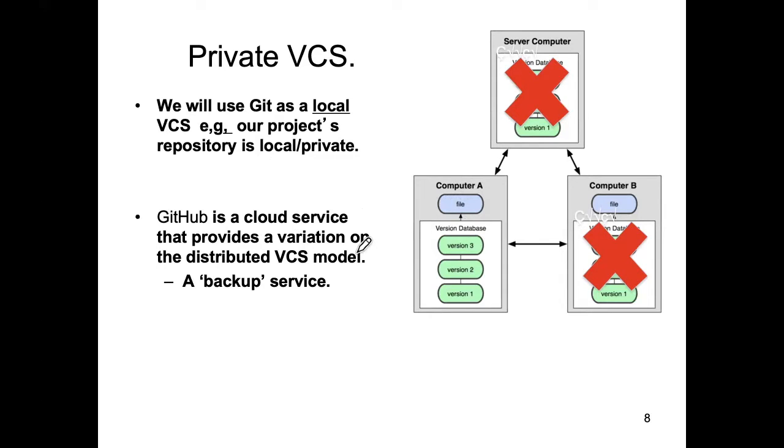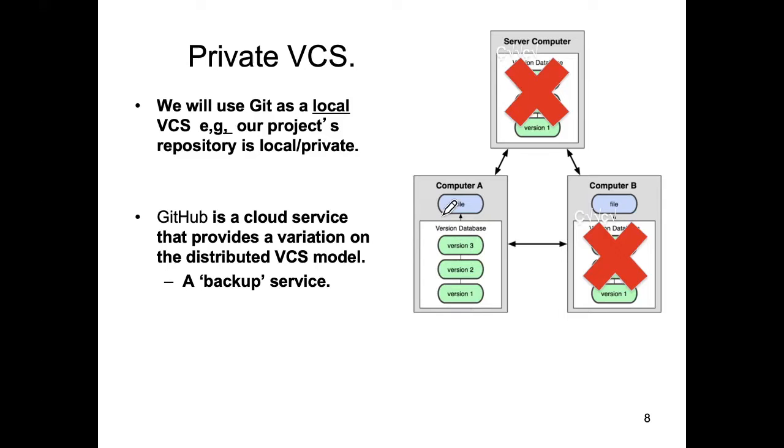Where GitHub comes into the picture is, you could think of GitHub as nothing more than a service on the cloud that allows you to make a backup copy of your repository that sits on your local machine. Now, GitHub is a little bit more sophisticated than that, but originally that's all GitHub was meant to be, just a way of making a backup copy.